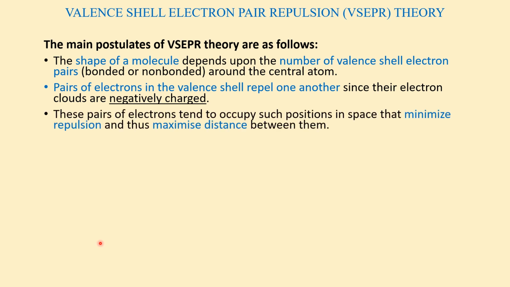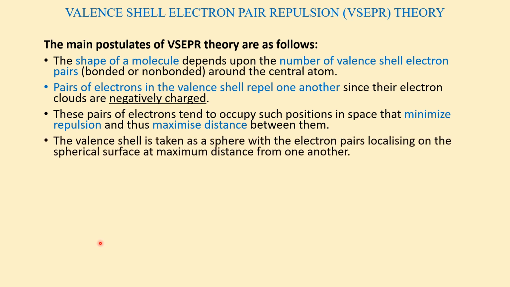These pairs of electrons tend to occupy such positions in space that minimize repulsion and maximize the distance. So the realignment of electrons results in minimizing repulsion and maximizing the distance between them. There may be objective type questions on these statements.